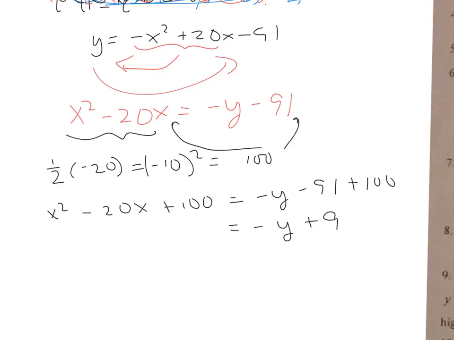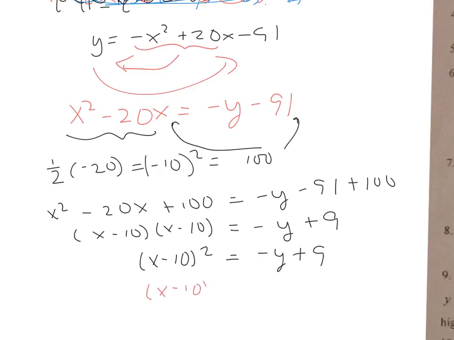And over here I'm going to factor this. I get x minus 10 times x minus 10, which is x minus 10 squared equals negative y plus 9. Now notice that this is not in the right form because I have that negative in front of the y, so I have to factor that out. So x minus 10 squared equals, the GCF is negative 1, times y minus 9.